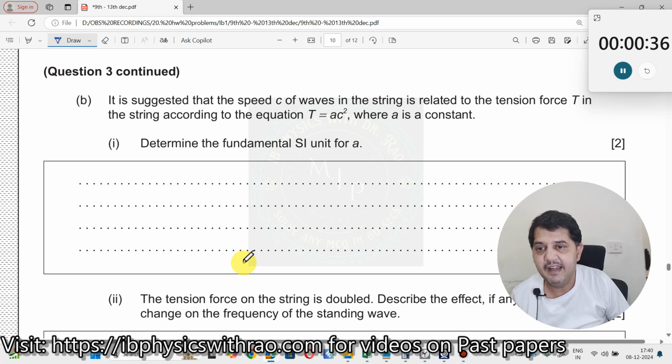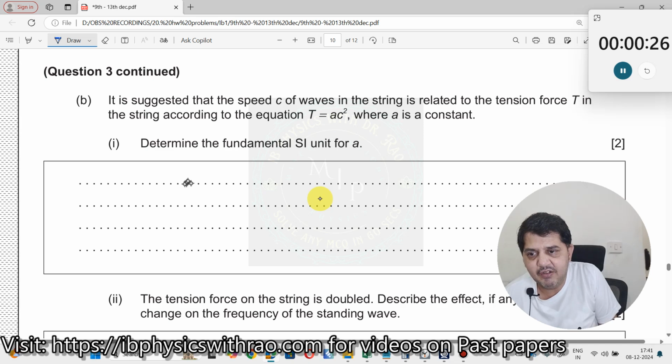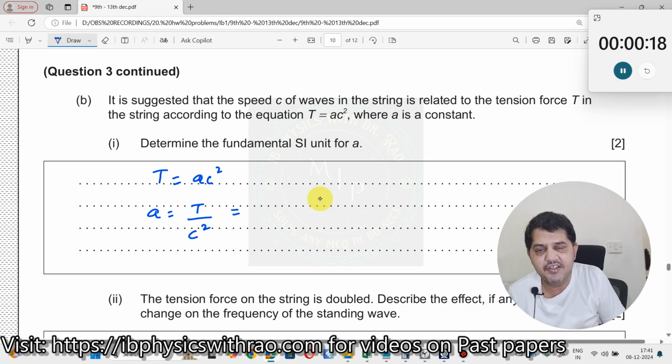It is suggested that the speed c of the waves in a string is related to the tension force T in the string according to the equation T equal to A c square. Determine the fundamental SI unit for A. Very simple question. A should be equal to T divided by c square. What is T? Tension, a force, which is Newton. What is c square?